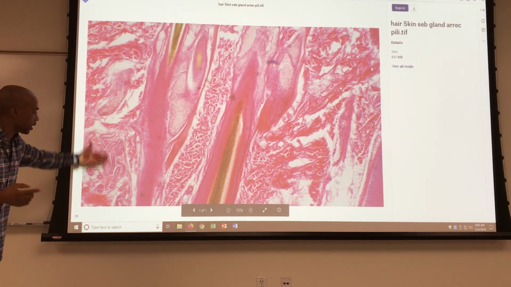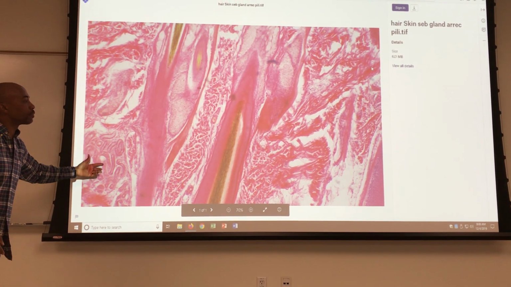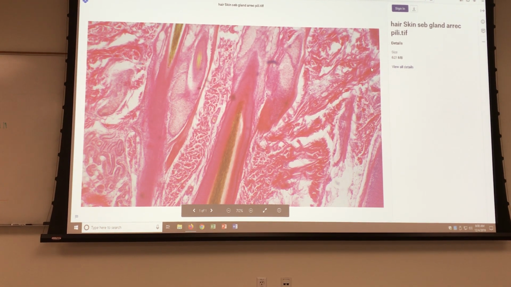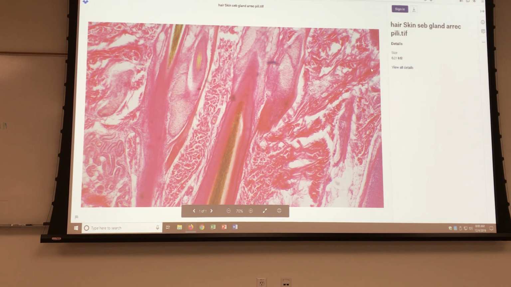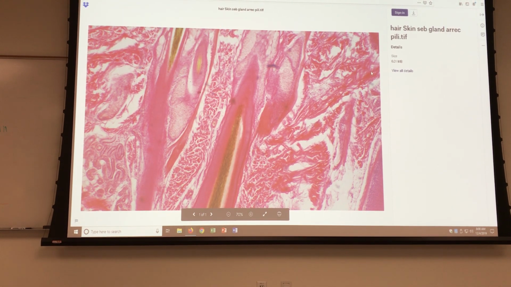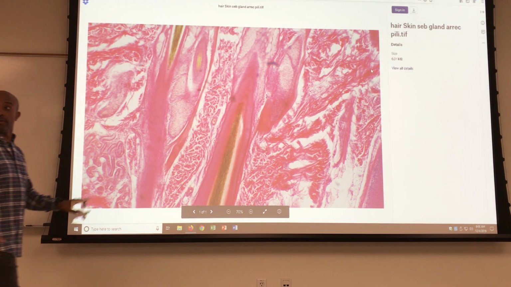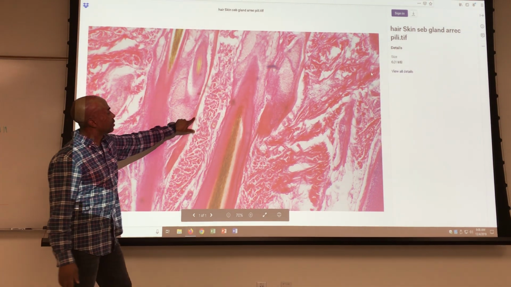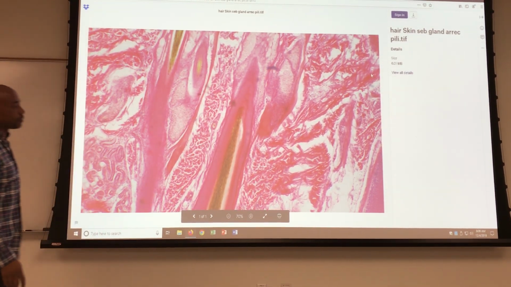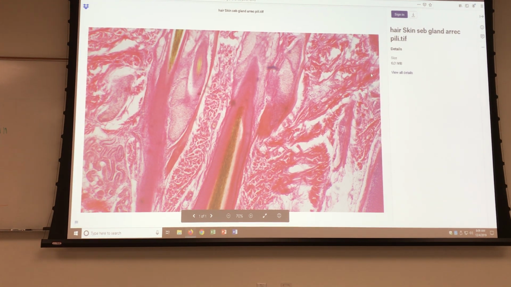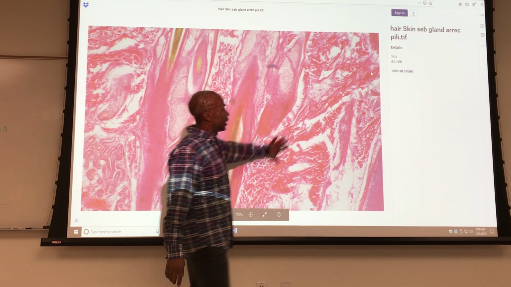There are coils, cut so you see a bunch of circles there. Sweat glands there. And where is your erector pili muscle? Where do you think that is? That'll be right here, this muscle. So it's attached to the follicle. Okay. And this is dense irregular CT.